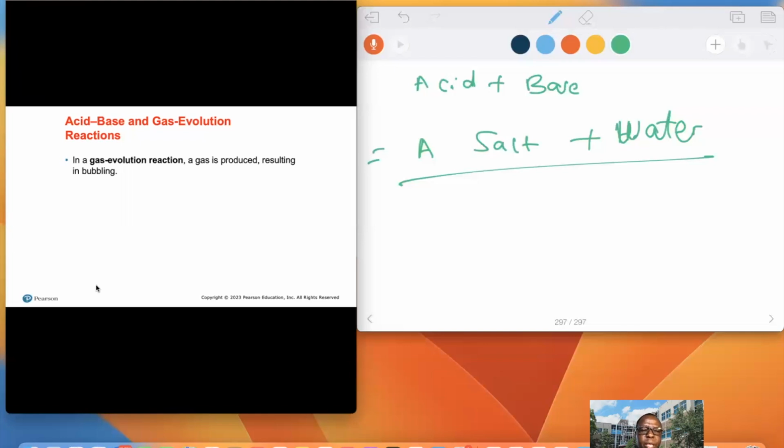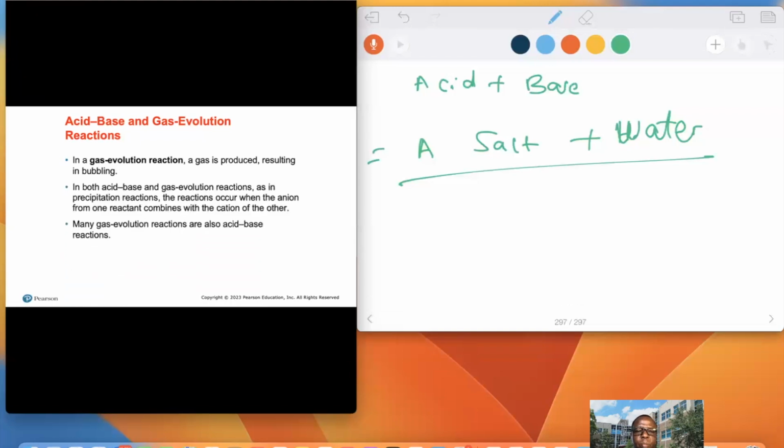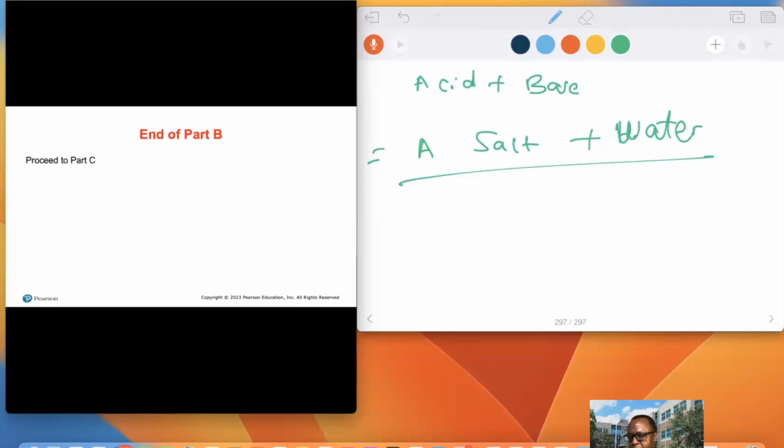Gas evolving here is evidenced by bubbling, the fizz. For example, dropping an antacid in H2O, you'll see some bubbles. It's evidence that the gas is being produced. Many gas producing reactions are also acid-base neutralization. Please proceed to part C of the lecture.